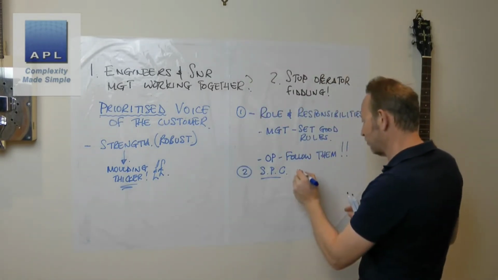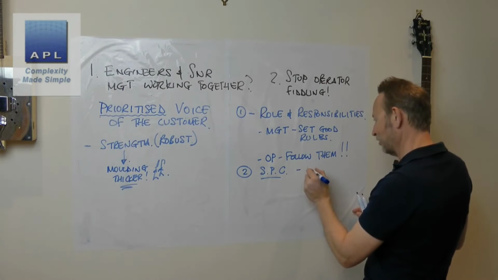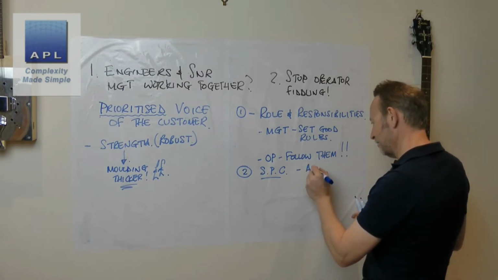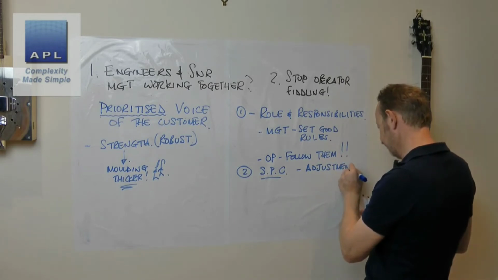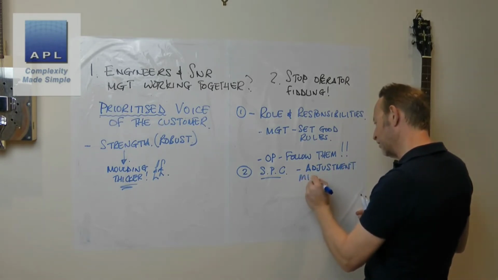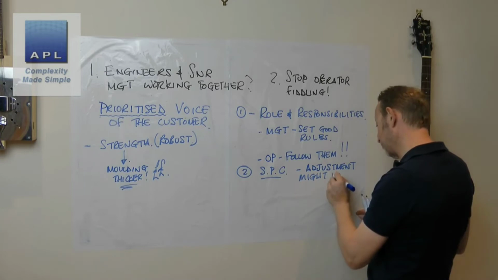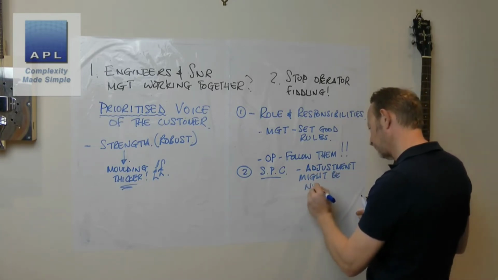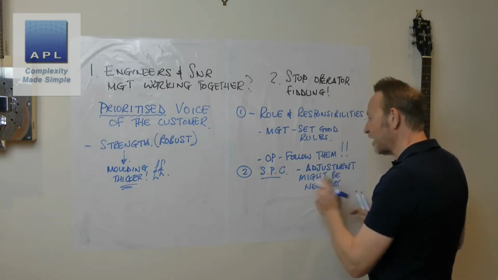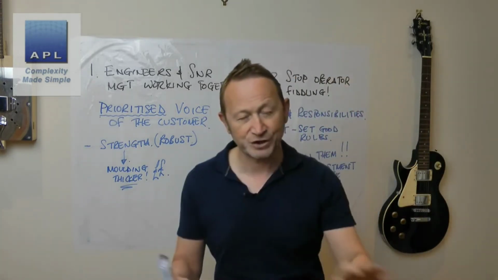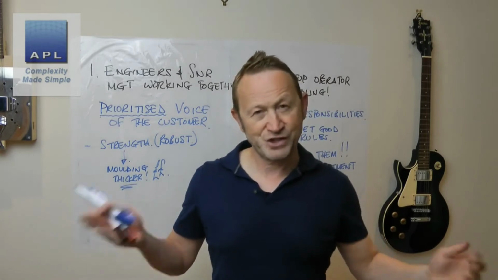Because what statistical process control tells them to do, of course, it tells them when adjustment might be necessary, because sometimes it is. But without SPC, without understanding the difference between signal and noise in a process, an operator's toast at this point.